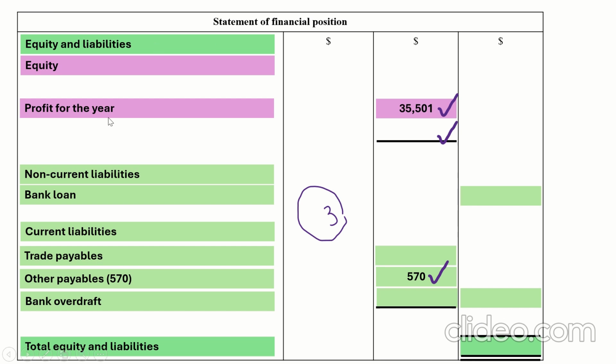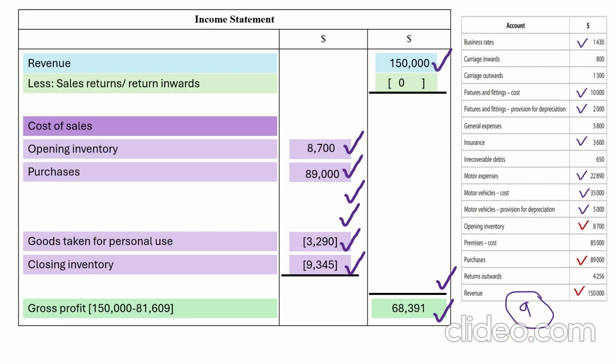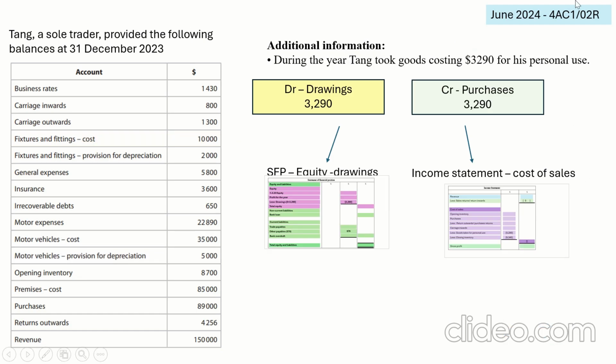Now, transfer the profit for the year from the income statement to the statement of financial position under the category of equity. Now, we are done with completing an income statement and a statement of financial position. And this was a question which was tested in June 2024, paper 4AC1/02R.